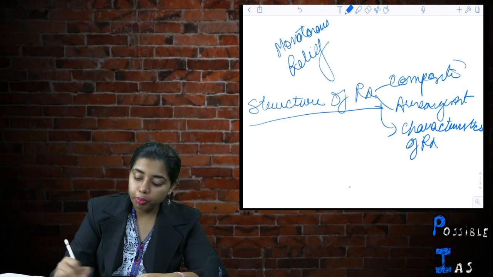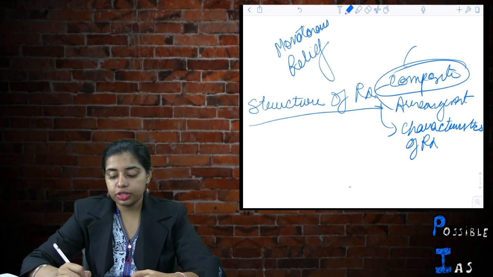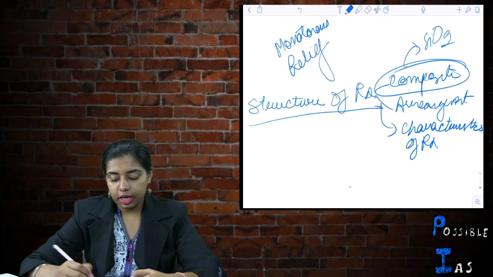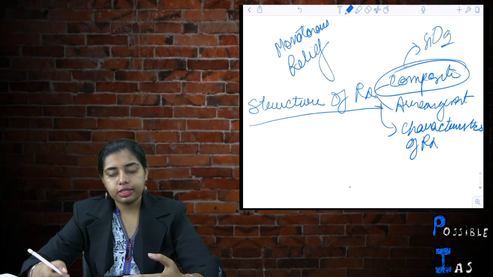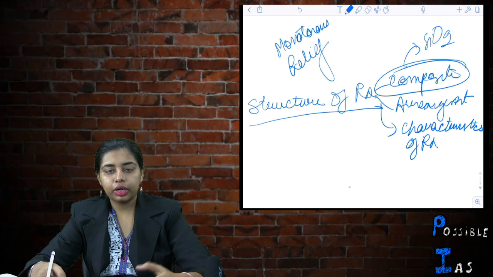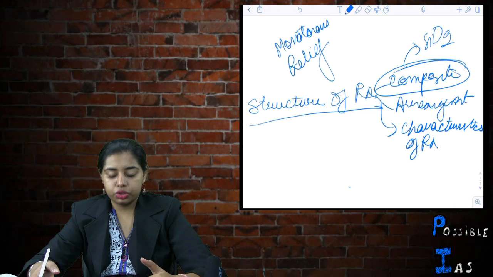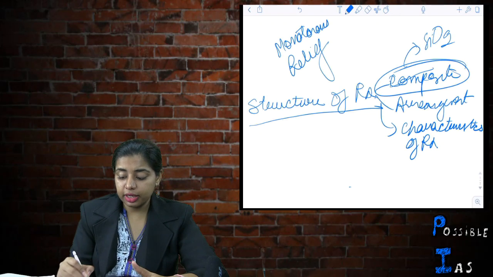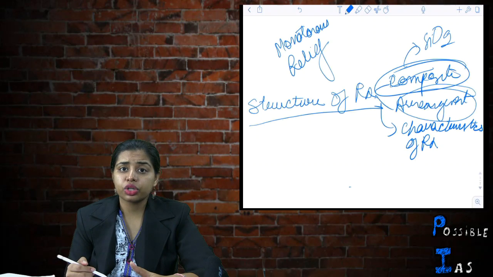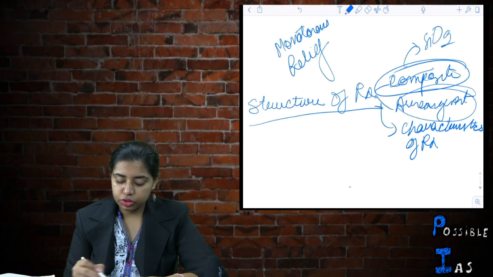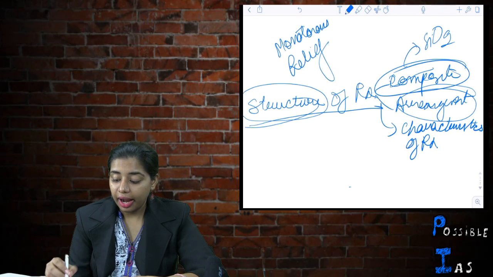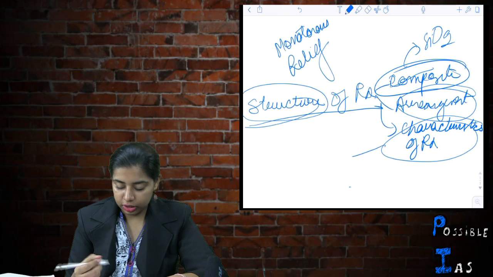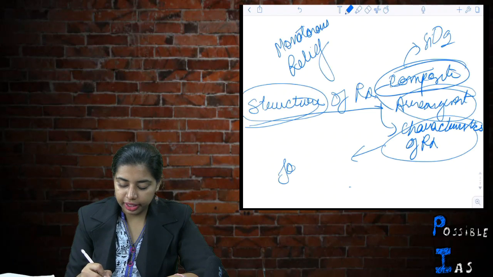Okay, so what is the composition of the rock? Is it just silica? Is it made up of feldspars? Is it made up of feldspars and silica both? Or does it lack silica-rich minerals altogether? So structure of rock accounts for composition. Then arrangement. What is the crystal structure? How are they arranged? That also forms a part of structure. And finally, what are the characteristics of the rock? Like we will study two concepts of folding and faulting.